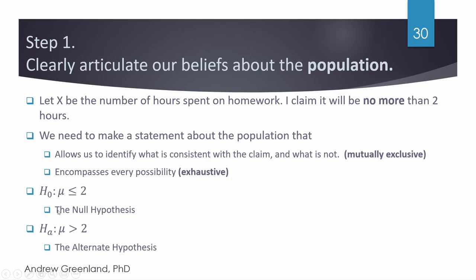So the null hypothesis here would be mu is less than or equal to 2. That is, it is no more than 2. And the alternate is mu greater than 2. Again, this partitions the set of possible outcomes into mutually exclusive sets. That is, there's no sample averages we could observe that would satisfy both the null hypothesis and the alternate hypothesis. And they're exhaustive. We've covered every possible sample average.